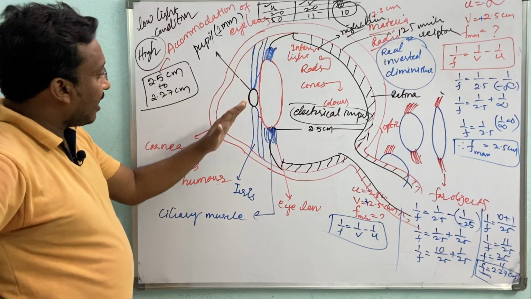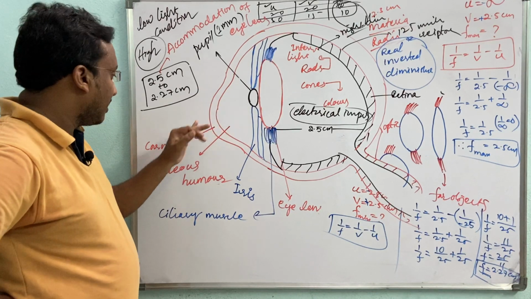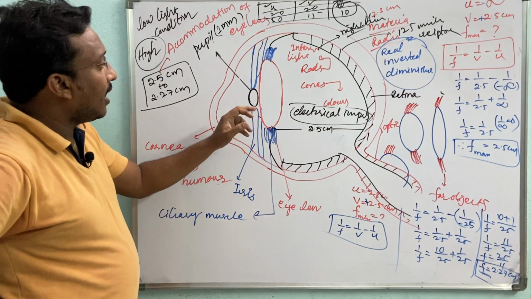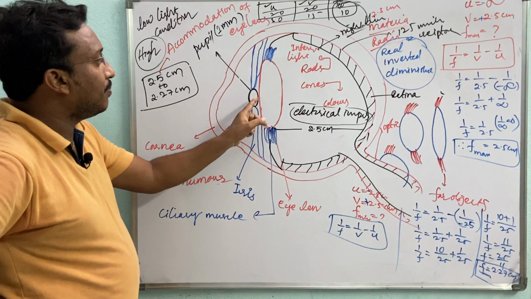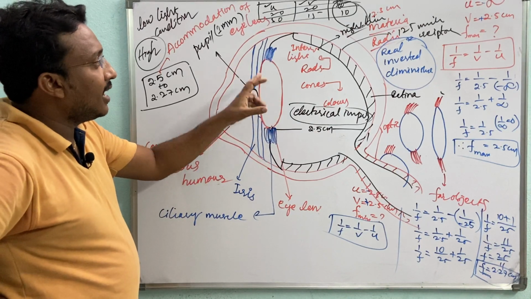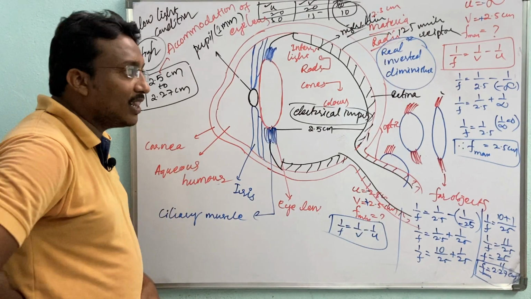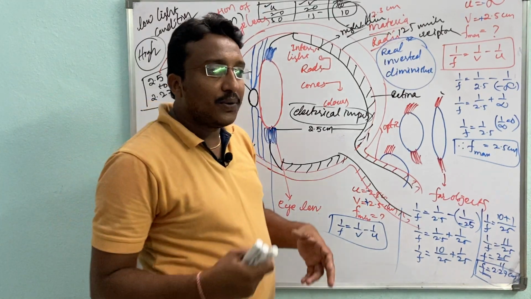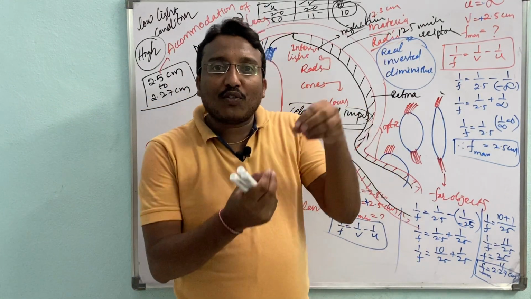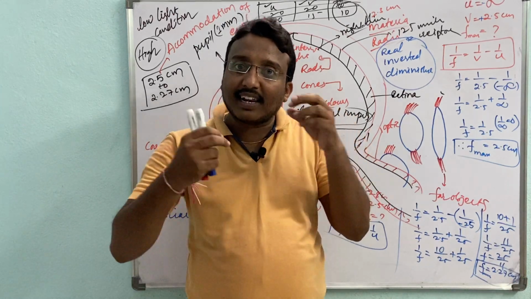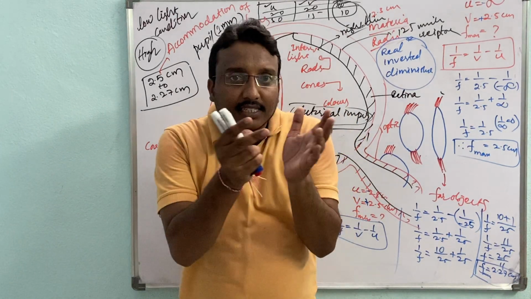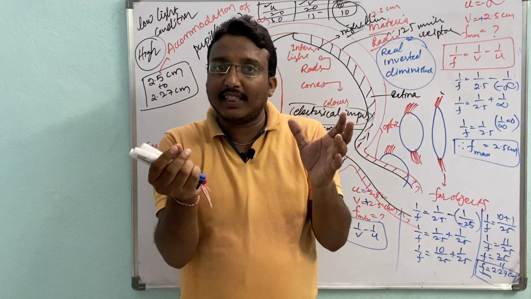Then I consider the cornea, the outermost one, then the aqueous humor, ciliary muscle, pupil, and lens. The lens is a transparent and flexible material. Here you have to notice one thing. The lenses we use in the laboratory are rigid. They never change their focal length.